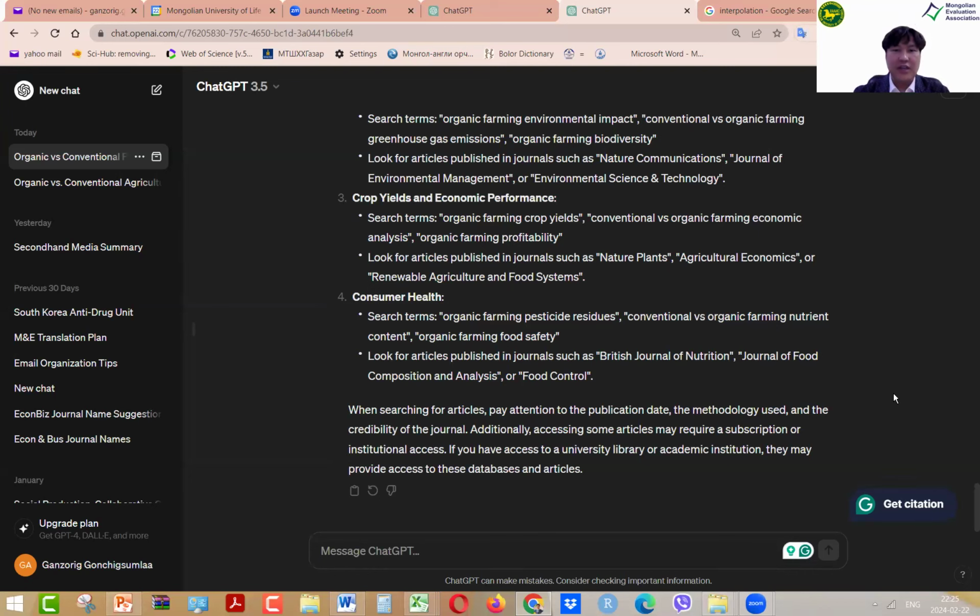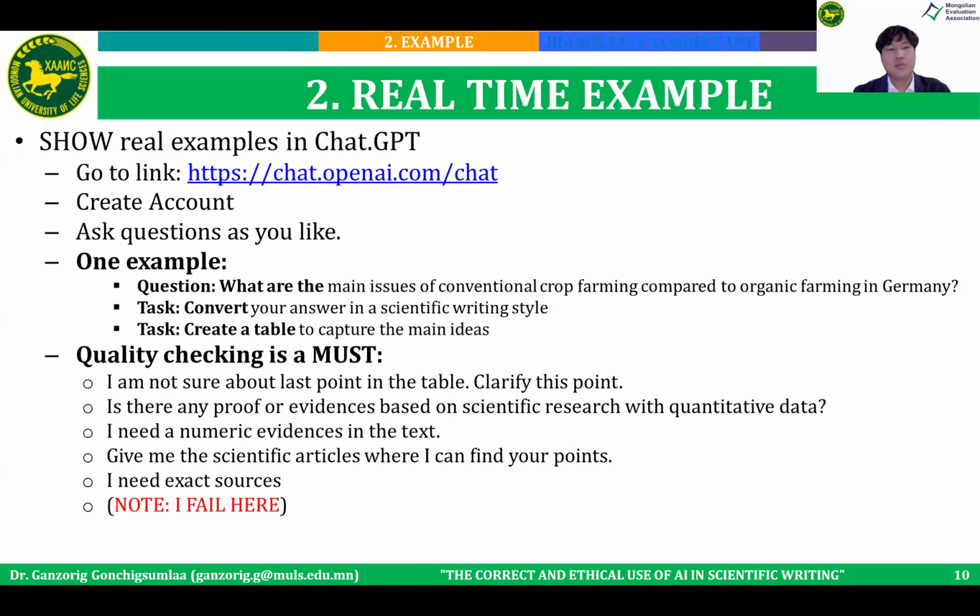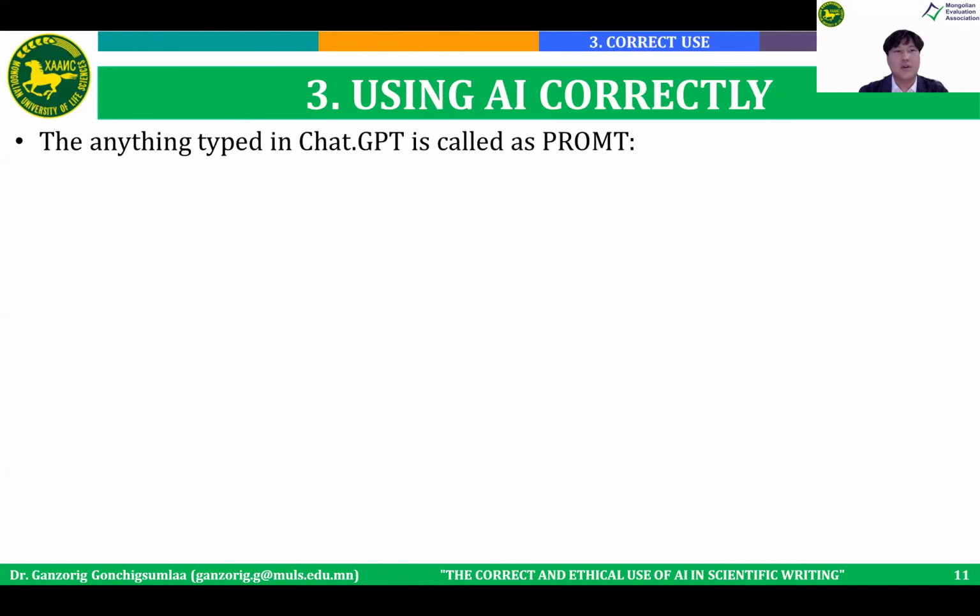So you fail here, which means you have to do it yourself. But you can use AI correctly to get good ideas and, in the end, to improve some of the texts and some other things.